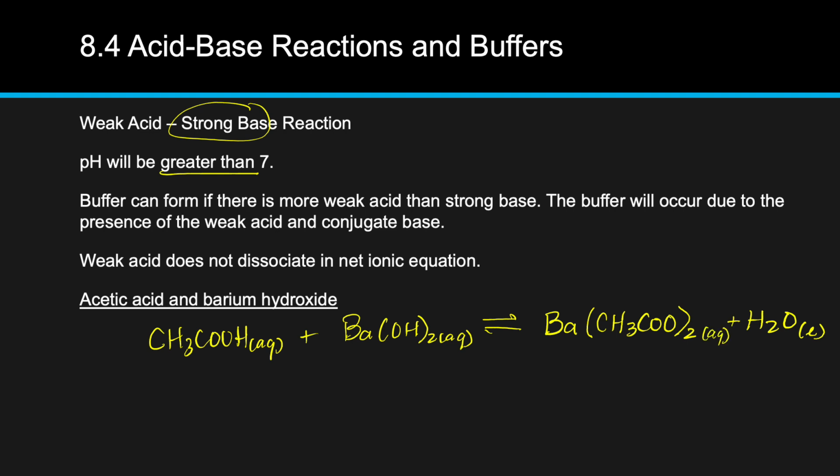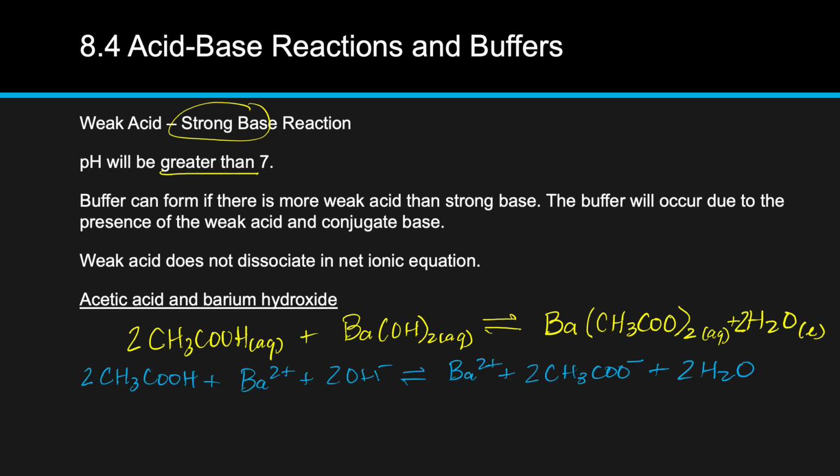And then we need to balance our equation. So I need 2 of my acetic acids, and then I need 2 waters. Now that we have that, let's go ahead and make our complete ionic equation. Because we have a weak acid with a strong base, the strong base is going to be the only reactant that is dissociating, and then our barium acetate will also dissociate because it's an ionic salt.